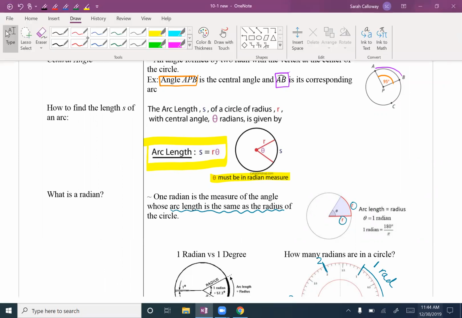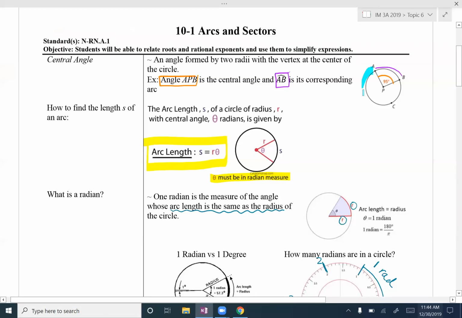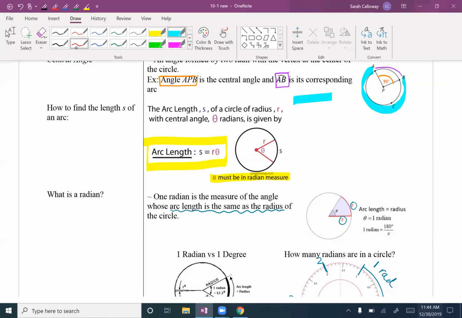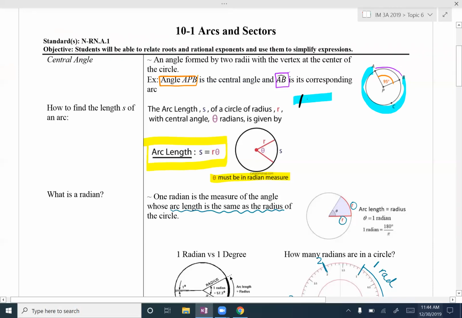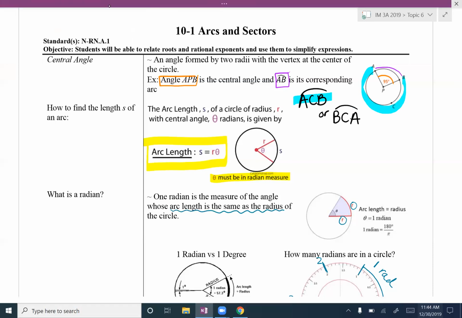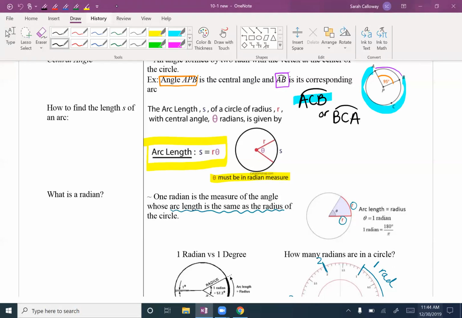If I wanted to note a different arc in the circle, notice that I could have an arc that goes this way. I would call that arc ACB, or I could do BCA. So in general, the order of the letters doesn't matter, as long as I start and end with the points that start and end the arc.